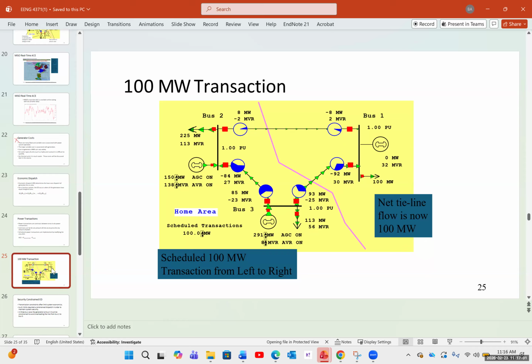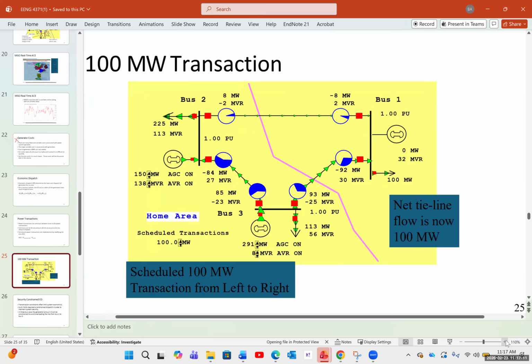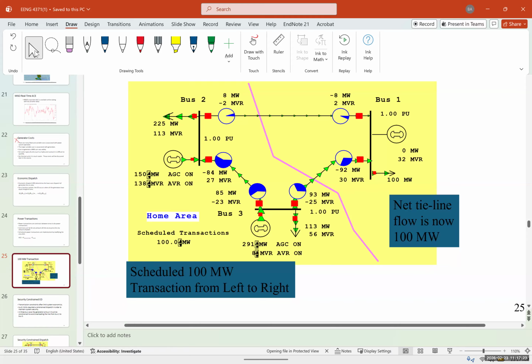Now this model shows a 100 megawatt transaction, and so imagine if bus number 2 and bus number 1 are in the same city, for example. It's even better if I could put it on slideshow.